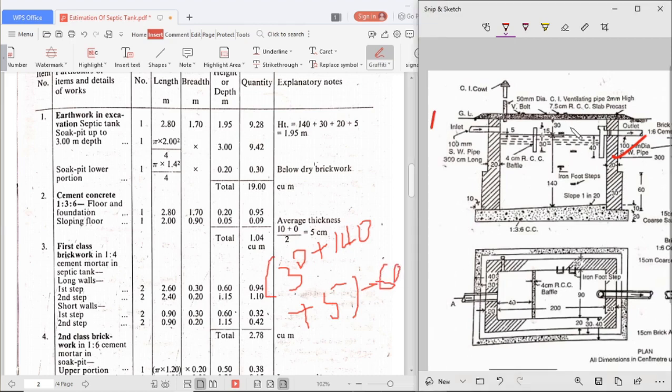Here the average is 5 centimeter. So 30 plus 140 plus 5 minus this item. If we subtract 60 centimeter, we will get the required distance for the second step of the wall.